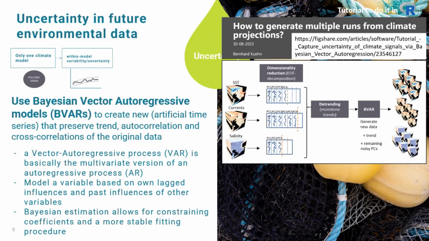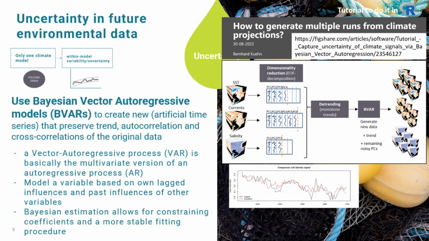So you might say, okay, I want to produce 100 new environmental fields that have approximately the same statistical properties as the original fields, and then you can do this with this procedure.